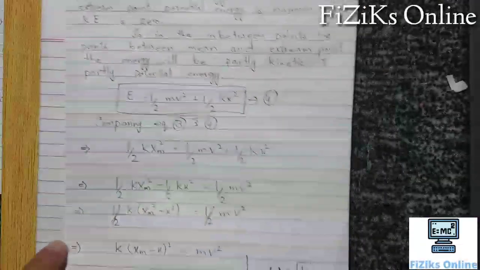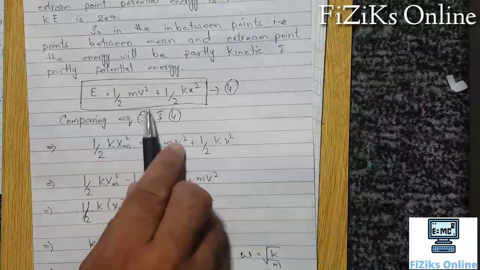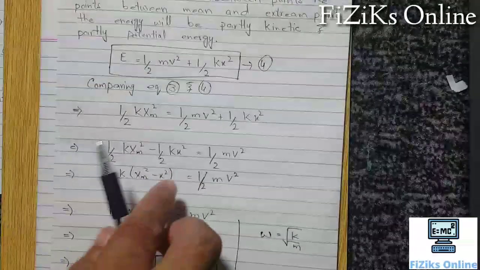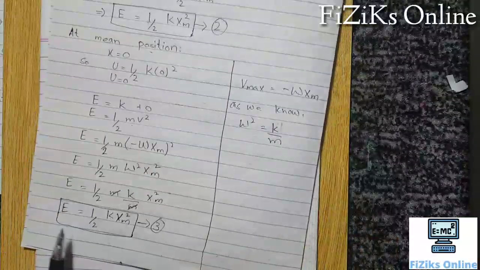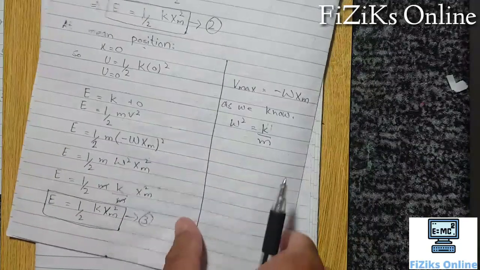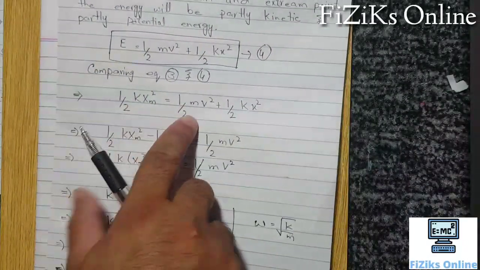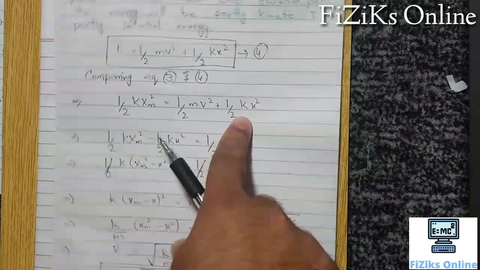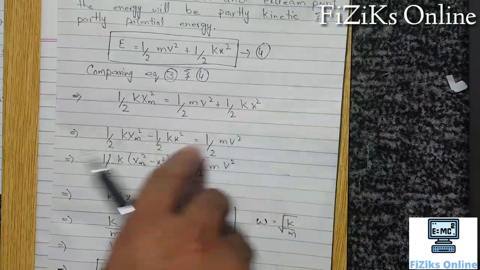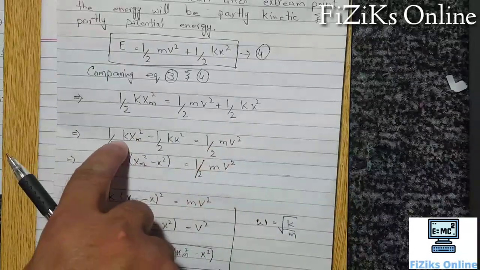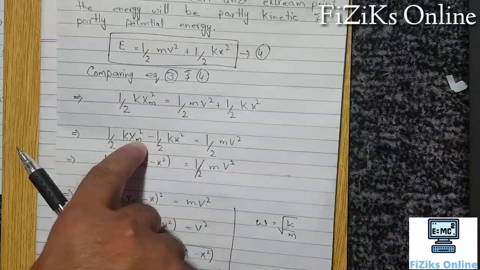So for all our energies, we will compare this equation with equation third. Equation third is half k xm squared. So half k xm squared equals half mv squared plus half kx squared. This is the k term, this is the k term, so I will bring this term to this side of the equality.